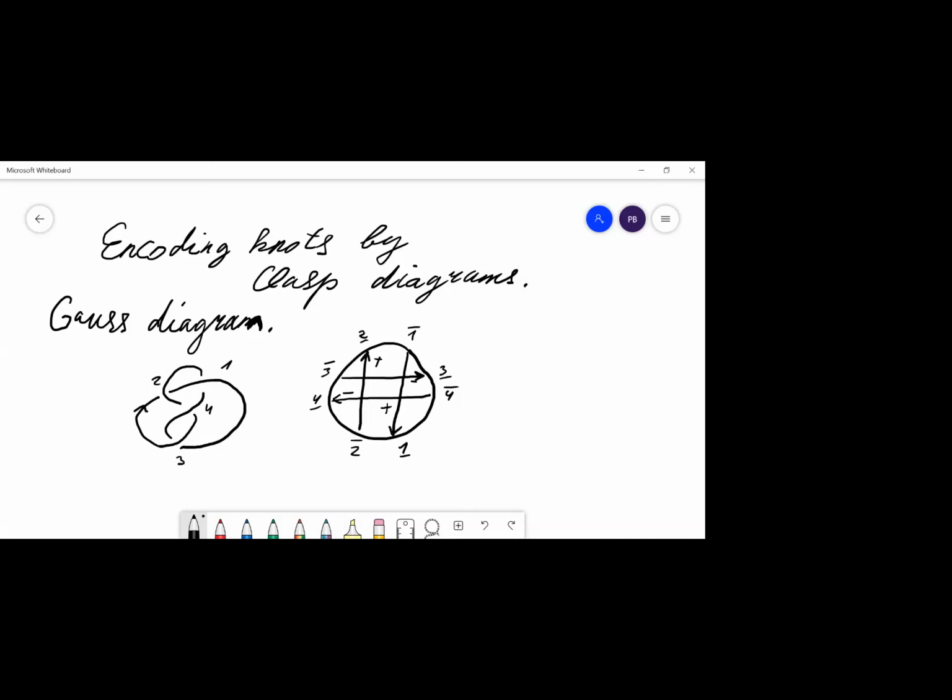So what we're going to do today, we're going to define Clasp diagrams. We're going to understand how they are related to braids.